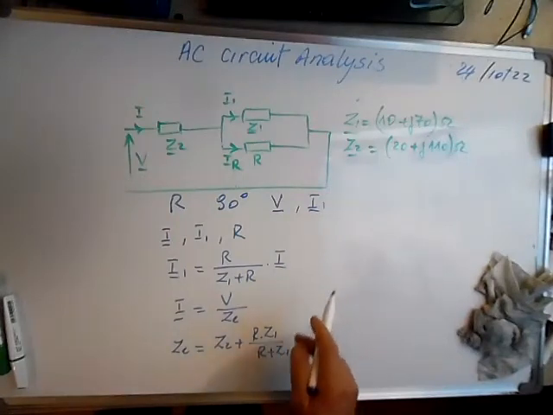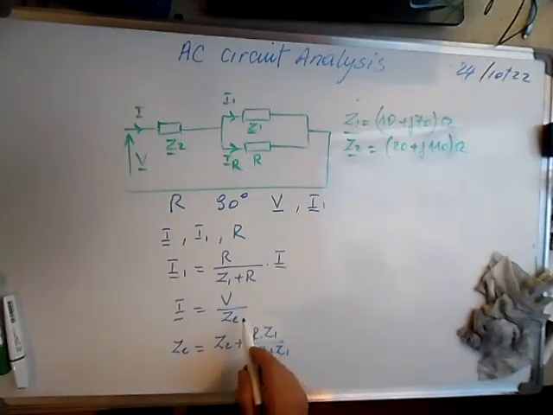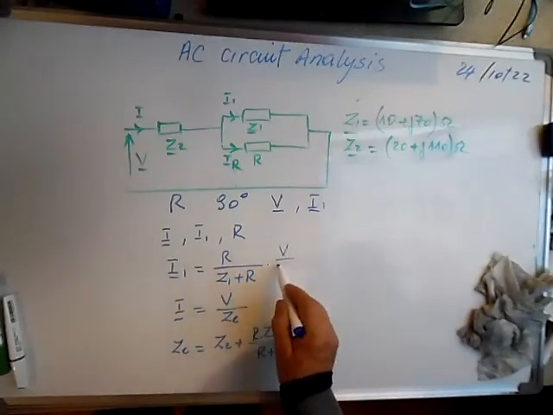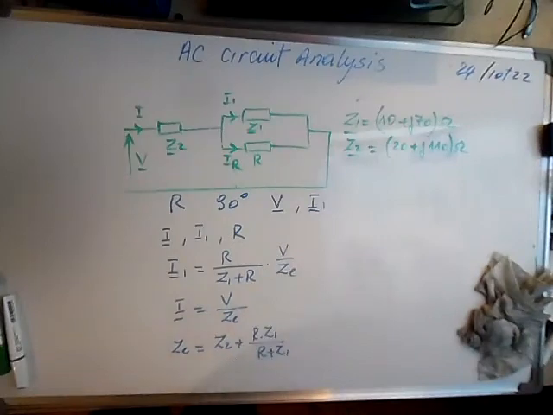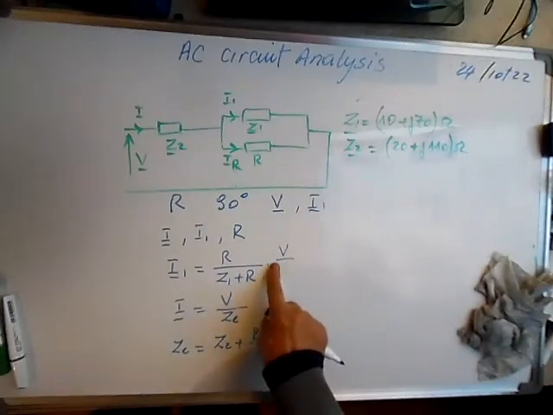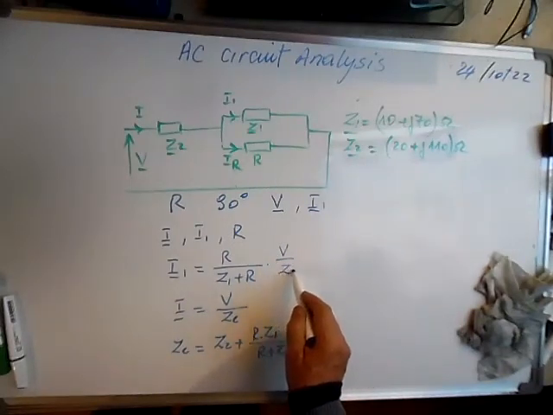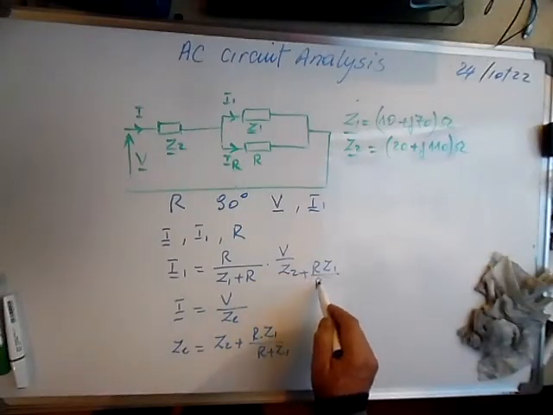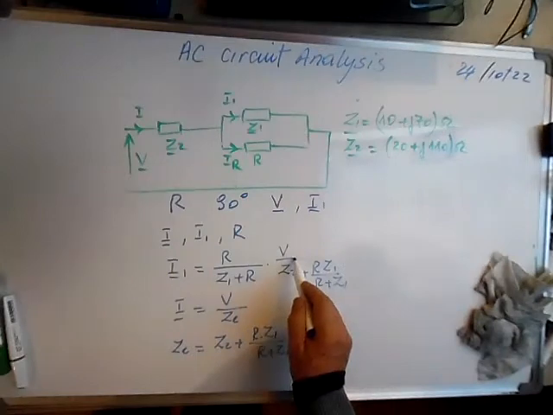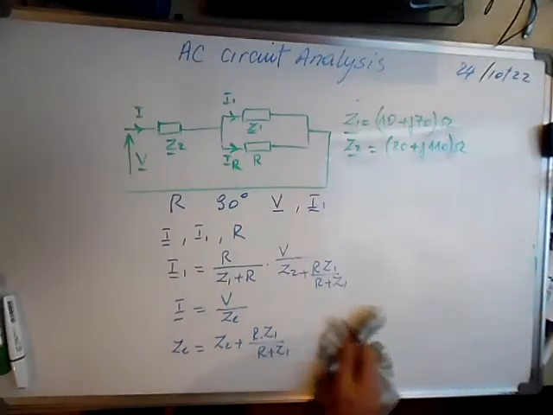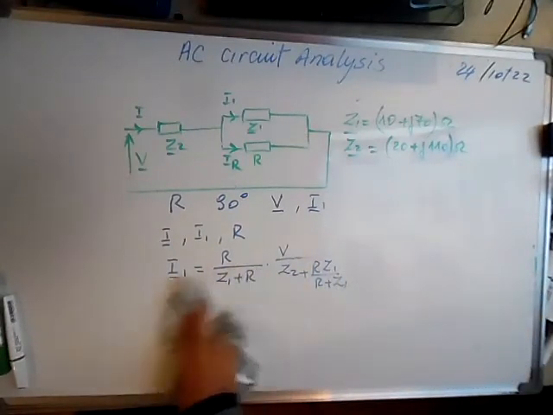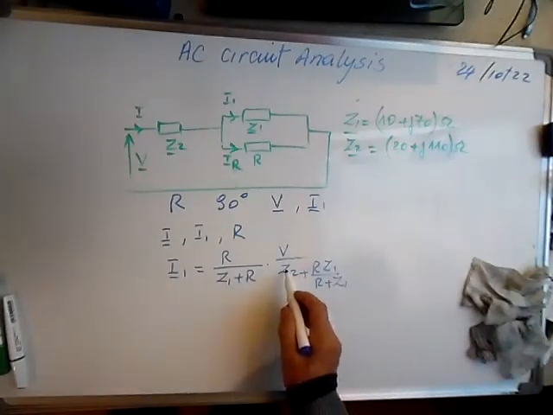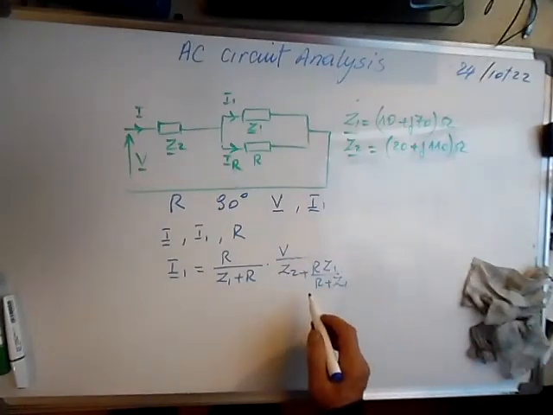So we can replace I by V over ZE, and ZE is equal to Z2 plus R Z1 over R plus Z1.